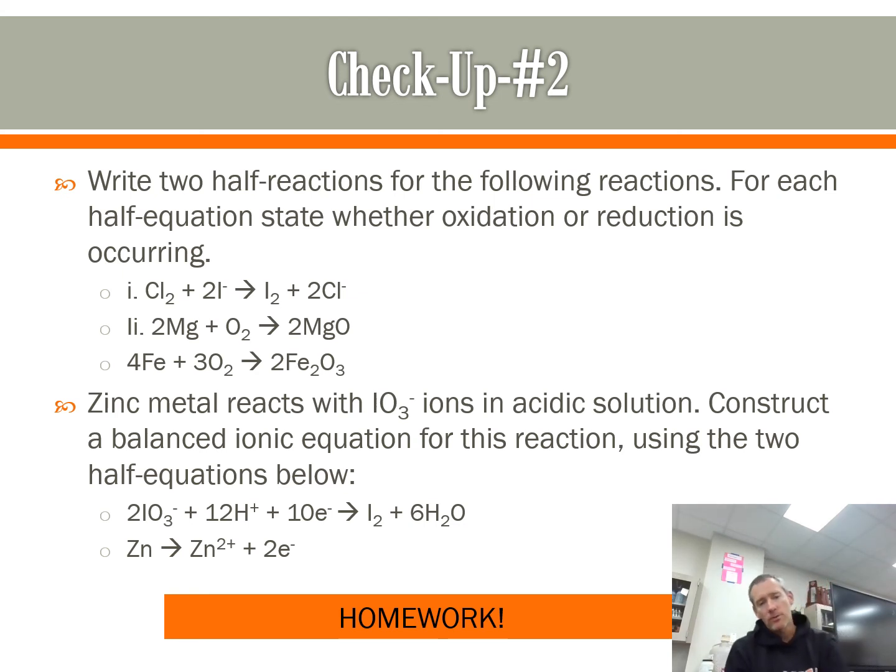And most importantly, in the second question, you can show how to balance the half reactions so that the electrons cancel out, what the zinc has to be multiplied by to get the electrons to cancel out, and what the overall reaction would be. All right, so not too bad. We'll practice more half reactions later, but let me know if you have any questions.